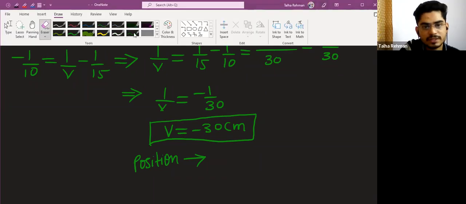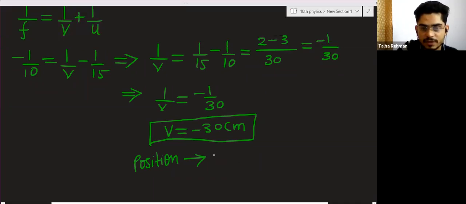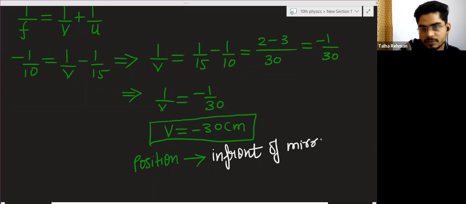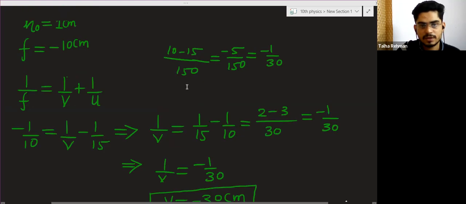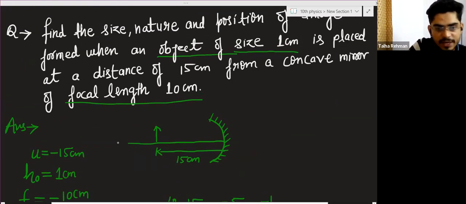Because the image distance is in front of the mirror. The image will form in front of the mirror at a distance of 30 centimeter.